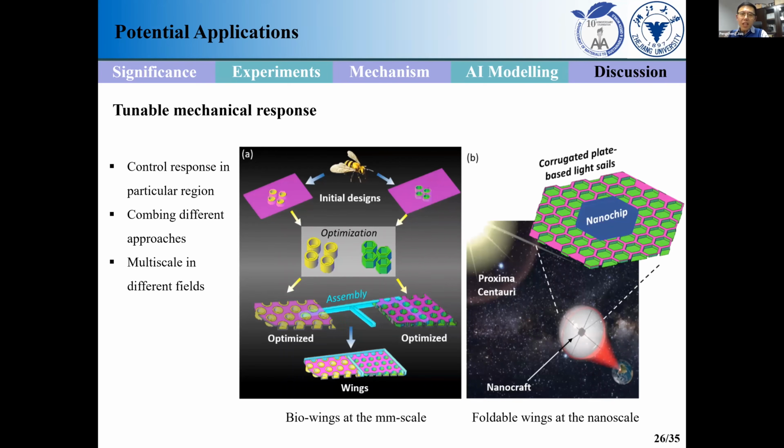In the discussion, I'd like to give some potential applications based on the tunable mechanical response of our plates.